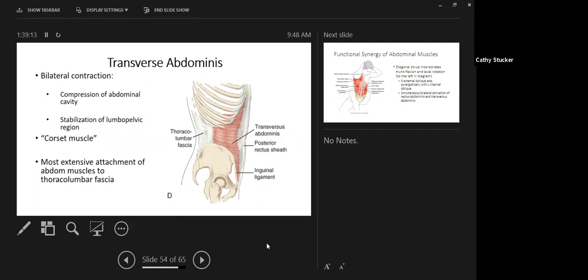Everybody's seen Gone with the Wind, when this is way before your time, where they have those lace-up corsets and they yank them really tight and squeeze people in. Lord help us if that ever comes back. It has the most extensive attachment to the thoracolumbar fascia and the abdominal muscles, so it has a lot of impact on the thoracolumbar fascia. That's primarily its attachments.